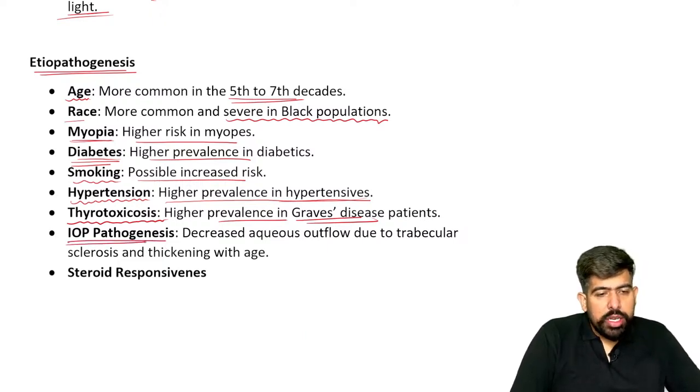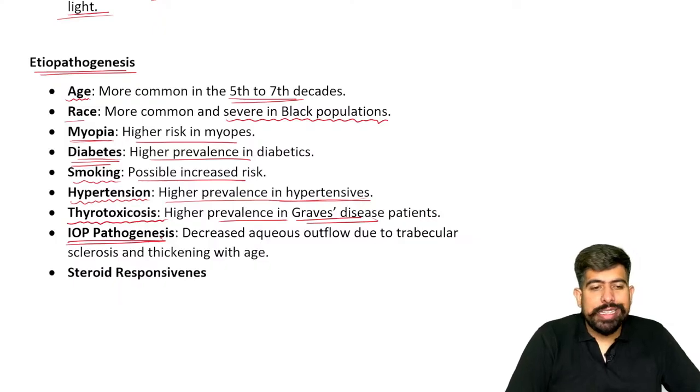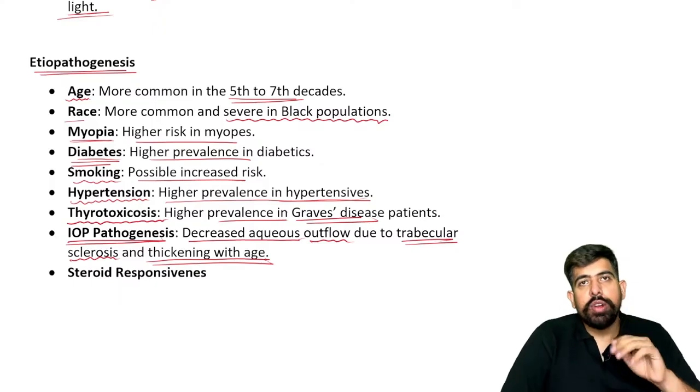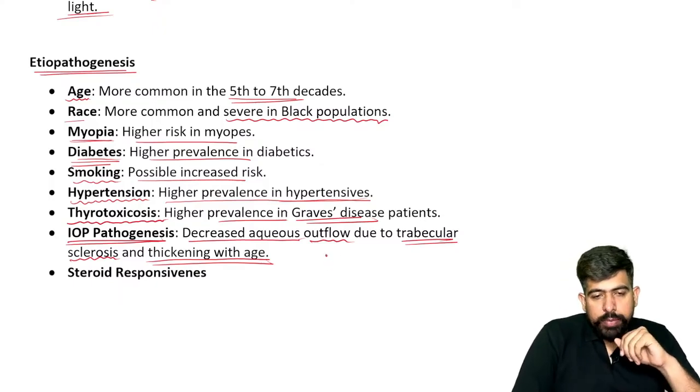Also, in the pathogenesis of increasing your intraocular pressure, there is a decrease in aqueous outflow due to trabecular sclerosis, or we can say thickening with age. This is the trabecular meshwork which we talked about, this meshwork structure.